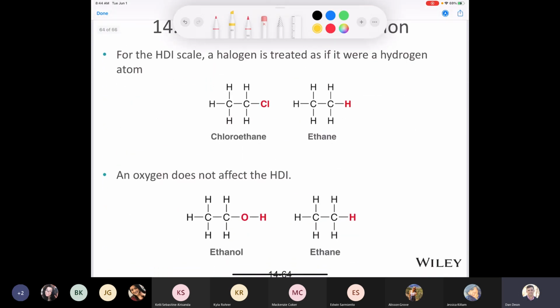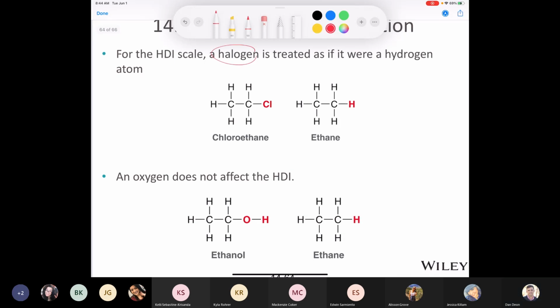Anyhow, how do you treat a halogen if it's in a molecule, right? If you have chlorine, right, what's a halogen? The halogens are fluorine, chlorine, bromine, and iodine. They come up all the time in organic chemistry, especially once we get into chapter 7 and beyond. Well, a halogen in organic chemistry 1 is always going to be monovalent. It's always going to have just one bond.